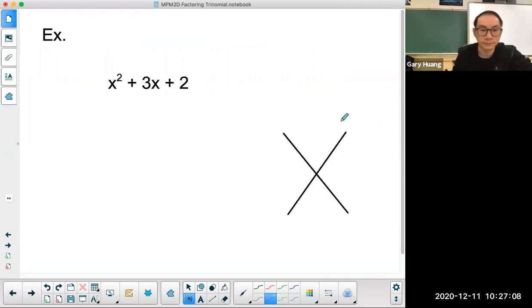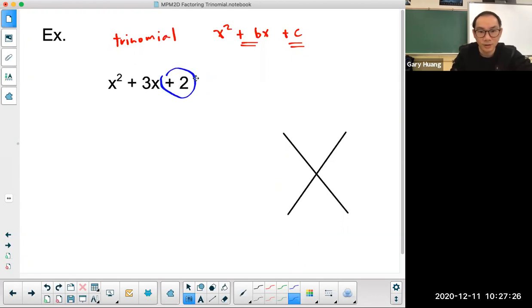So first, you recognize this is a trinomial, three terms, in the form of x squared plus bx plus c. So you have a number in front of the x, and you have a number by itself. What you do is you put the number by itself, the c value, on top, and the value in the middle, the b value, at the bottom.